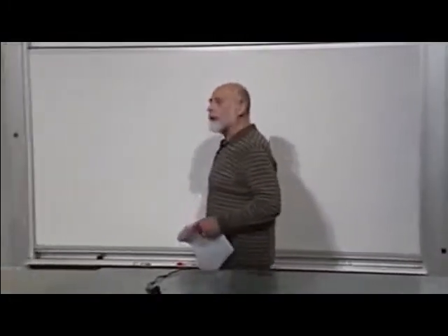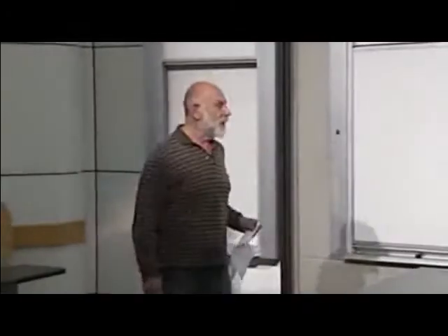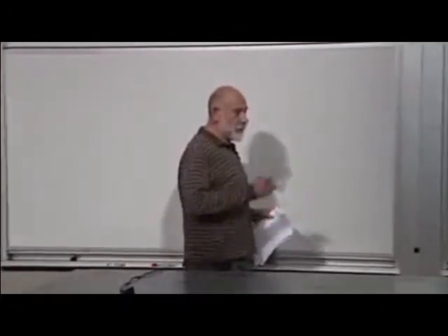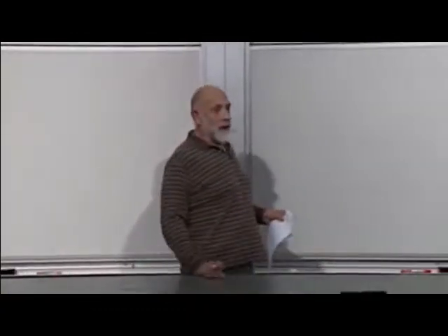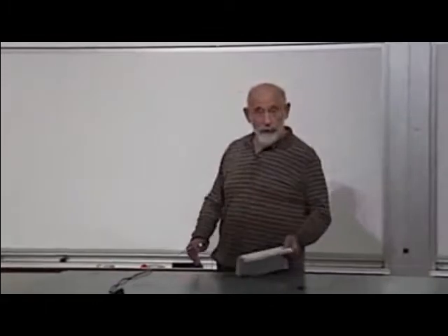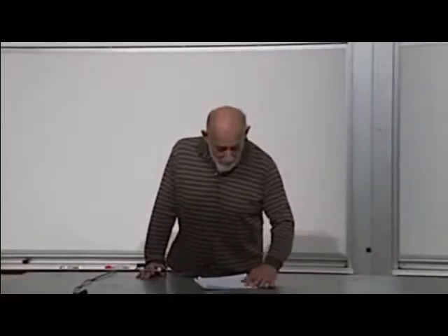First of all, the whole story begins by asking, how do you represent the state of a system? We could go back a step and ask, what is a system? But I'll assume you know what a system is. And how do you represent the states of a system? In classical mechanics, the states of a system are represented as points in phase space. In quantum mechanics, they're represented by state vectors.